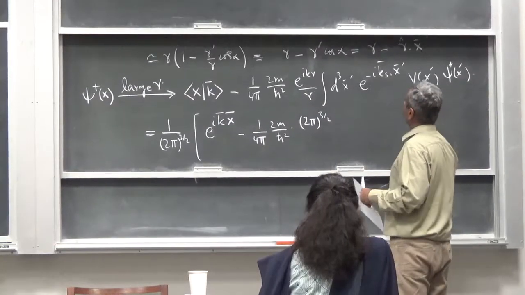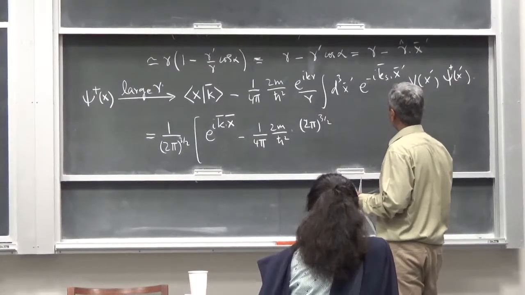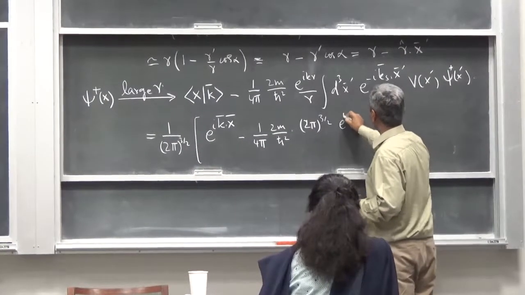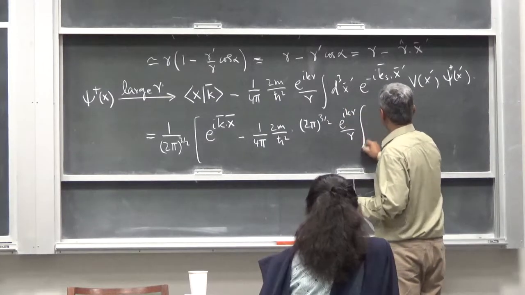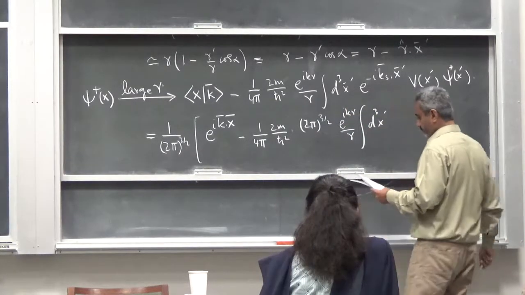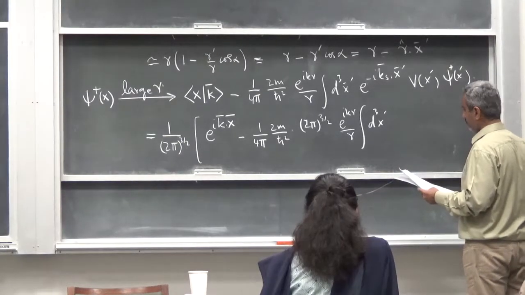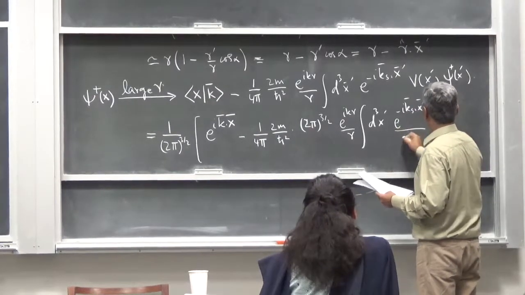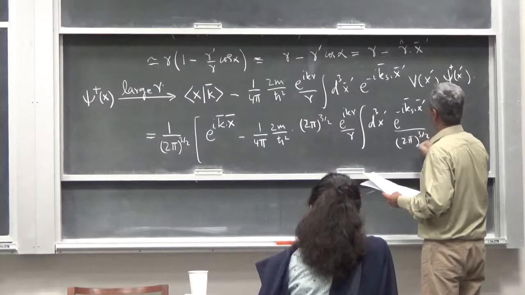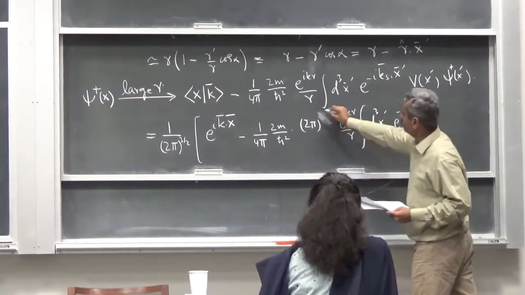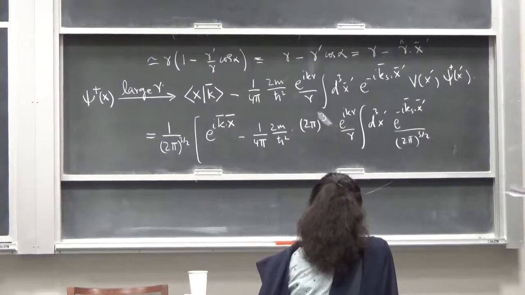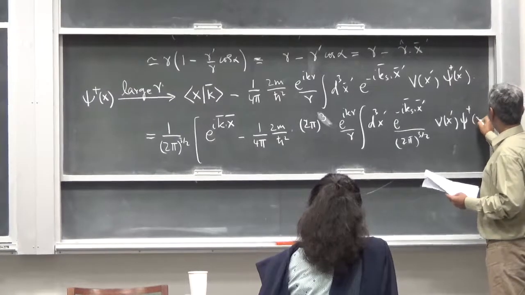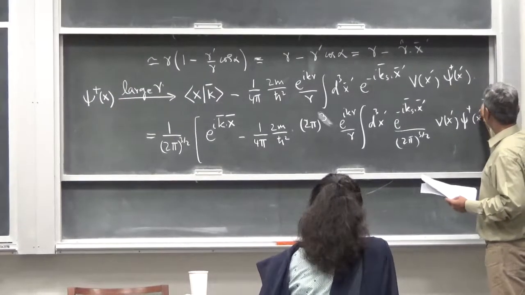And you want a factor of, so e to the i k r over r, d3 x prime, e to the minus i k_s dot x over 2 pi to the 3 halves. So then this becomes 2 pi cubed, V of x, psi plus of x prime, this thing.